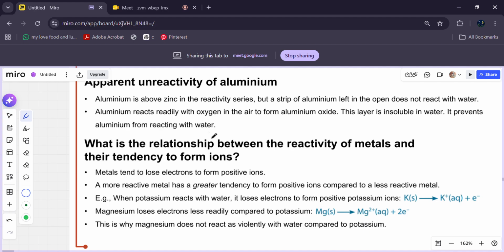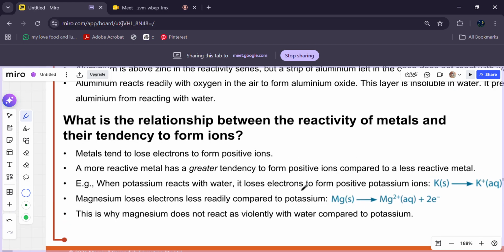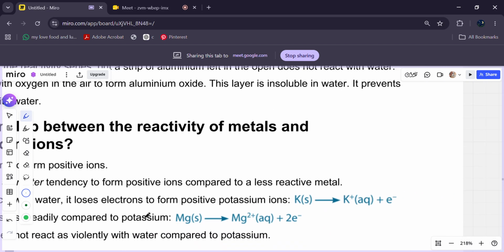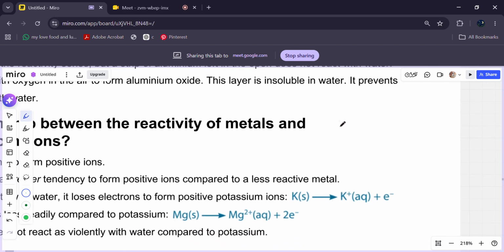For example, when potassium reacts with water, it loses electrons to form positive potassium ions. So when we have K, which is the symbol for potassium, when it reacts with water, it forms K+. It forms positive ions because it loses electrons.